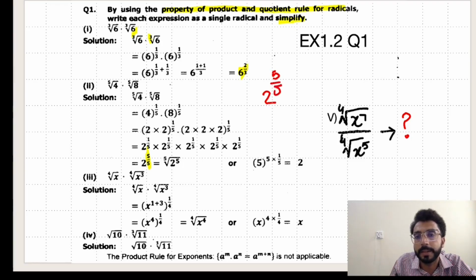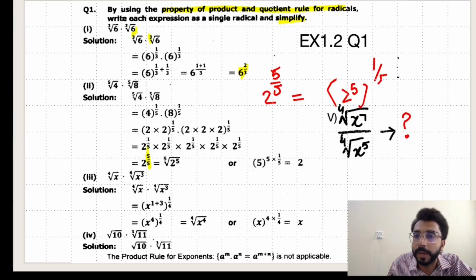Here the exponent of 2 is 5. This is the exponent, and we can write this in exponential form.